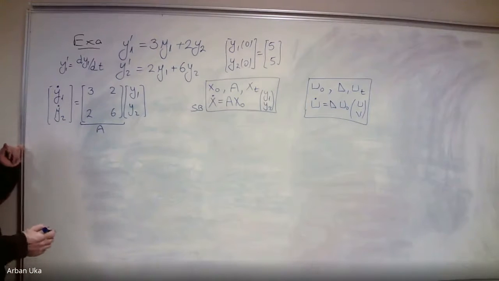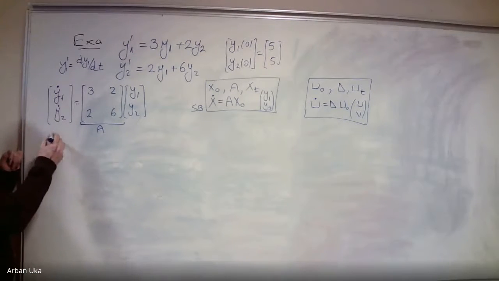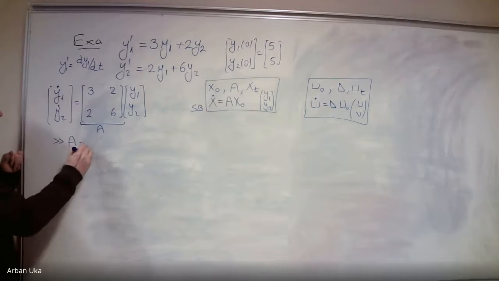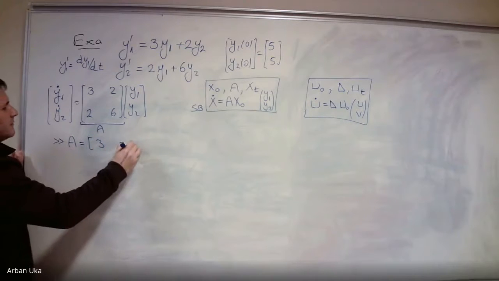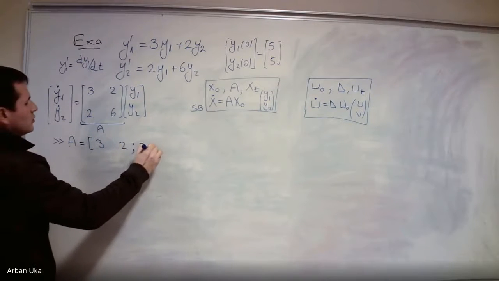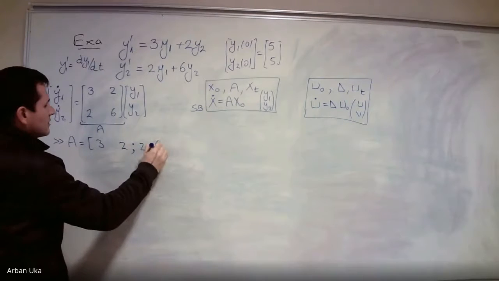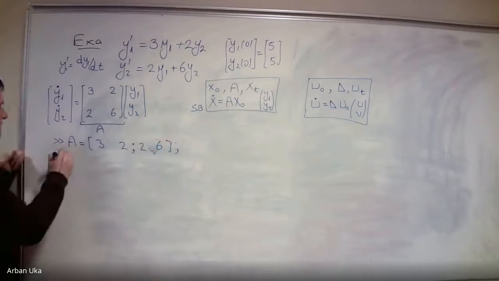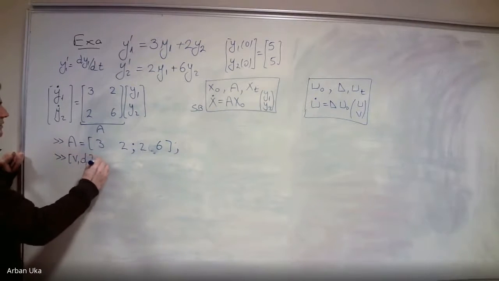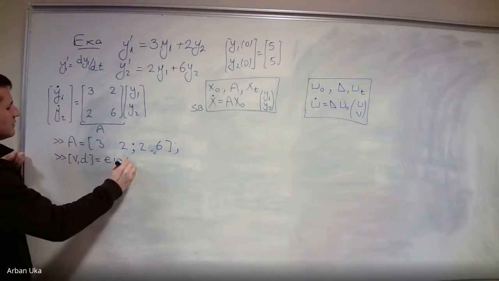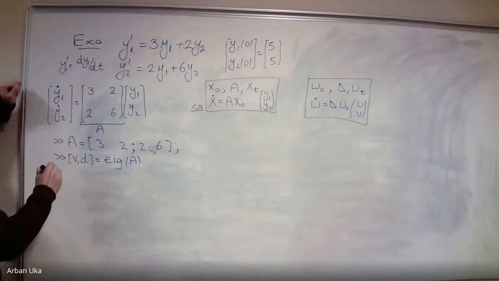Now, for any one of you who wants to do this fast, you can try the following on Octave Online, where you say that A is equal to 3, 2, 2, 6. So this is just as a reference. And then, to find the eigenvalues and eigenvectors, you can write [V,D] equal to eig(A).